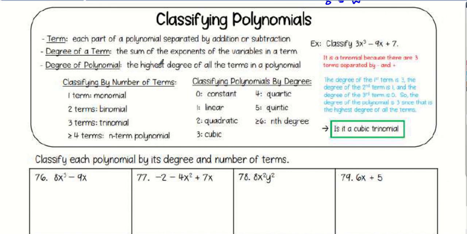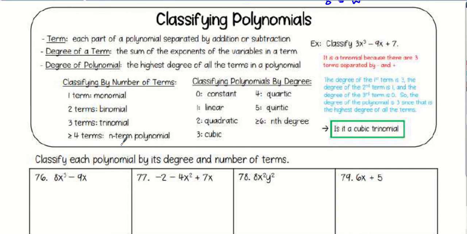The highest degree is the degree of the whole polynomial. For classifying by degree, 0 is constant, 1 is linear, 2 is quadratic, 3 is cubic. Two terms is a binomial, 3 terms is a trinomial, 4 terms is a four-term polynomial. We don't have a special name for anything over 4.